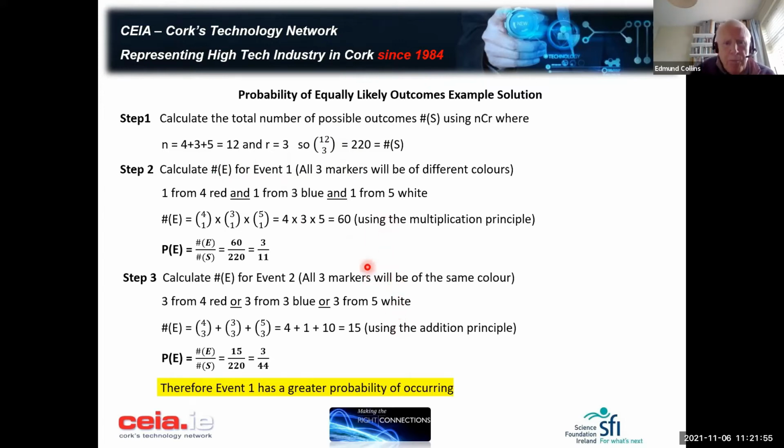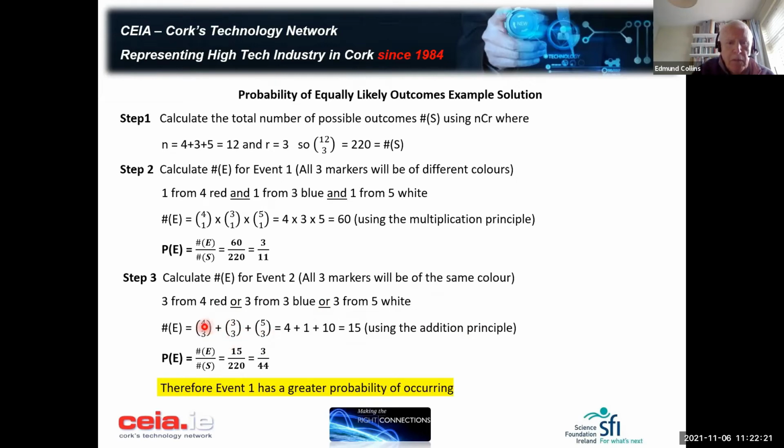So in the second option, where we're getting the 3 from the 4 red, or the 3 from the 3 blue, or the 3 from the 5 white, we're using the addition principle here because it's the ORs, as you can see, but we do use the nCr for each one of them.